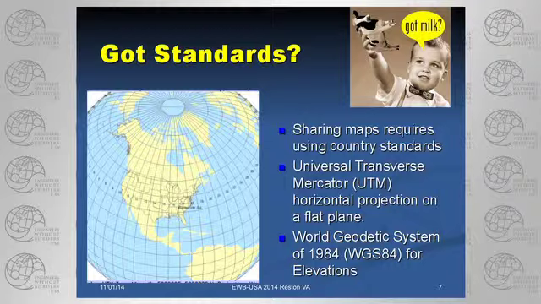So not everybody uses the same standard for what the elevation is. Even in the United States, there are frequently two different standards, and there can often be differences, at least in a lot of areas, of two or three or maybe even ten feet, depending on what standard you're using. So adopting the common standard in the country you're working in is a way to proceed.